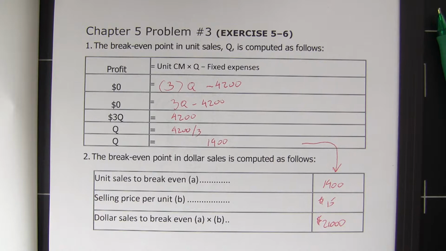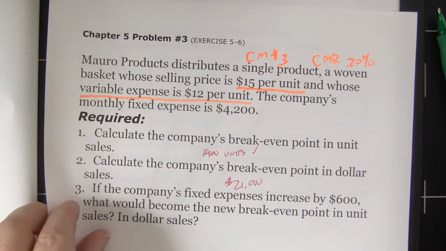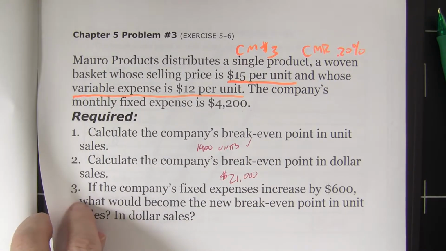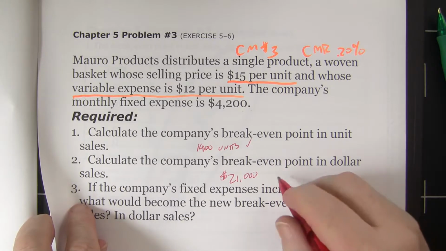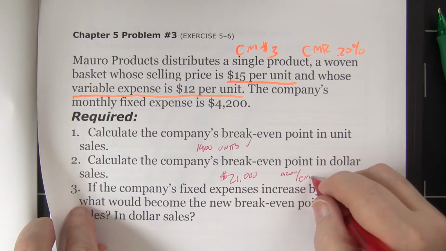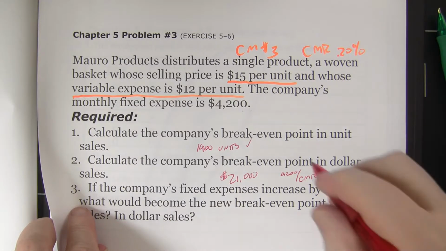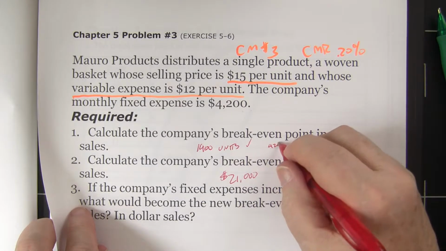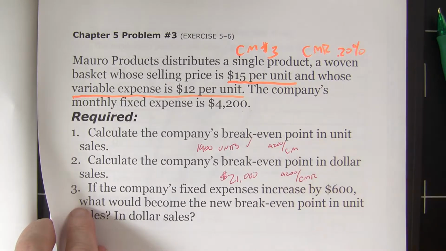That's the break-even point in dollars, which is exactly what we got here. And here, all we did was we took the 4,200 divided by the contribution margin ratio. Here we took the 4,200 divided by the contribution margin. Gave us the same exact numbers with the same degree of accuracy.